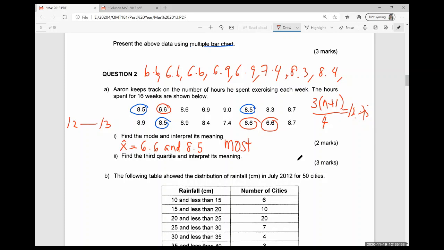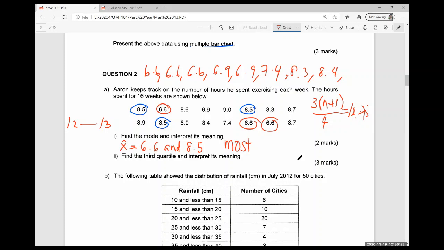So let me just go back for this one. You have the highest is 9.0. This is on the 16th position, right? So 1, 2, 3, 4, 5, 6, 7, 8, 9, 10, 11. So that means after 8.5 will be the 12th position.